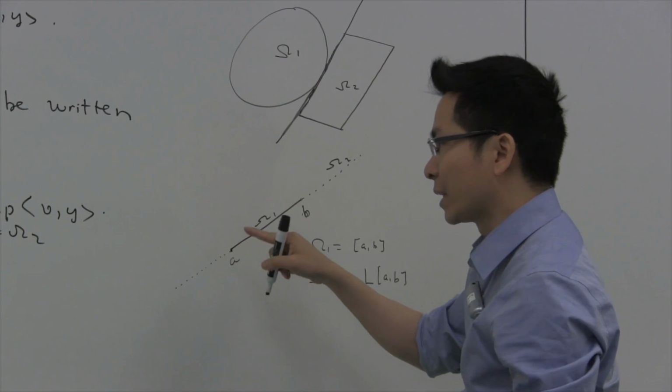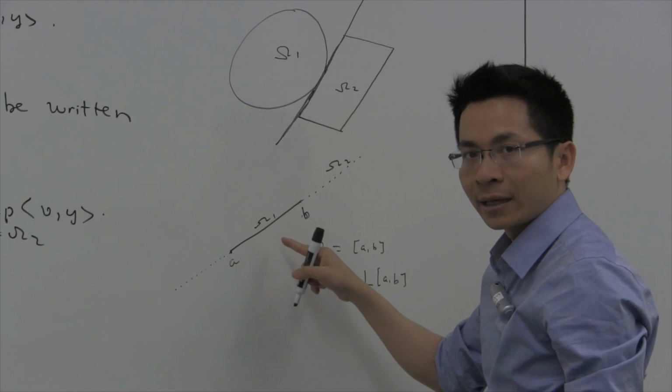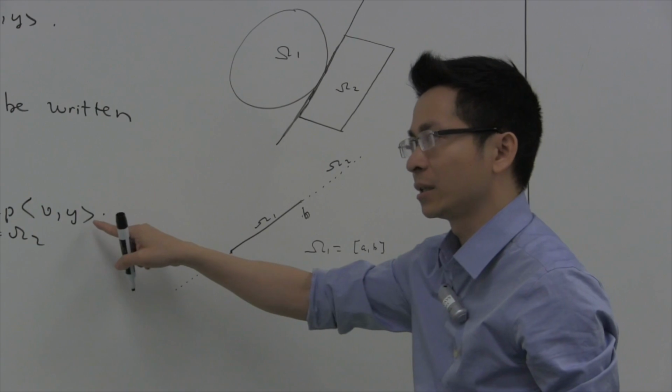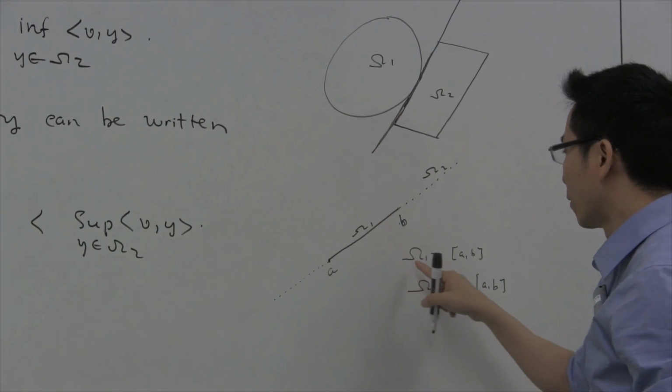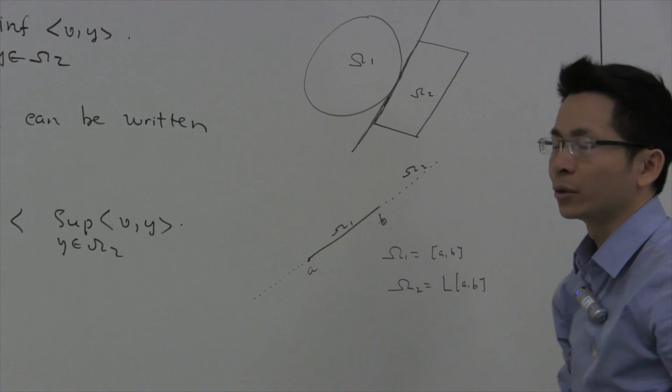But omega 1 and omega 2 cannot be properly separated because the second property cannot be satisfied for the sets omega 1 and omega 2.